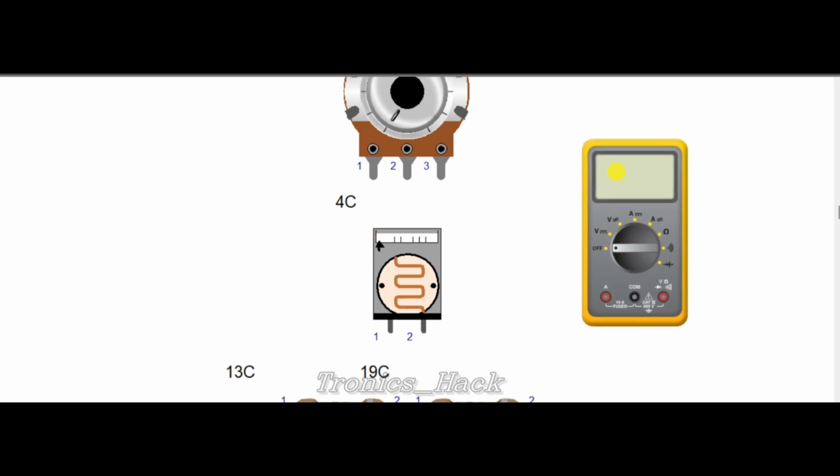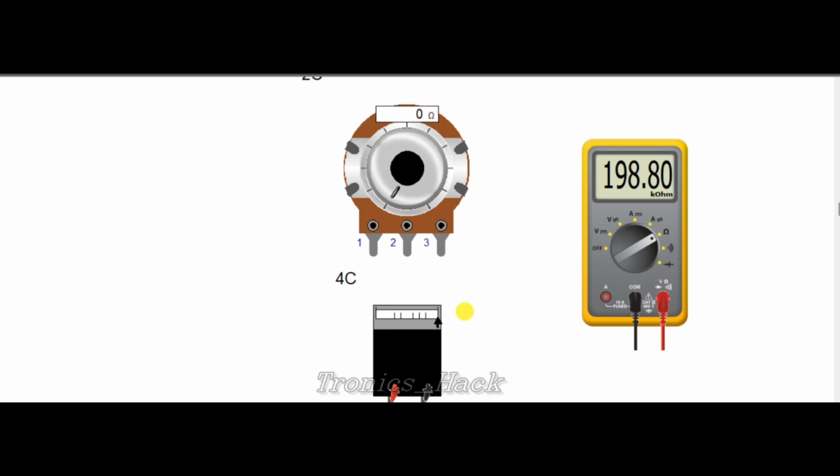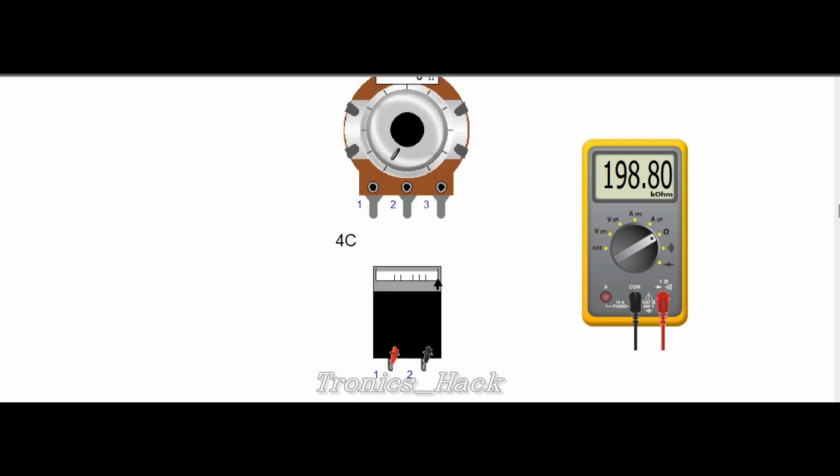If I use a multimeter on the voltage feature and put this probe to that place, and this one to that place, we see I got some value. But if I modify it, you see the resistor value increase until it reaches 198.80 kilo ohms. And the same goes for this one. You can see the resistor value there, but on this one you can't see it. That's why I use a multimeter.